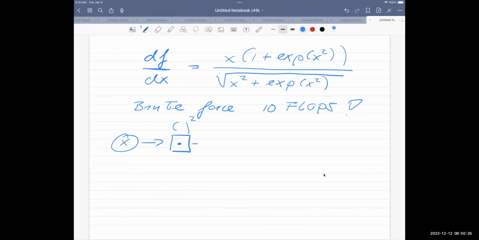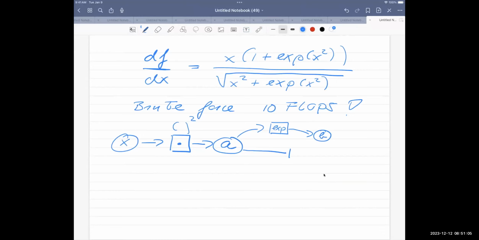This produces an intermediate variable, which I'm going to call a. This intermediate value is now used to calculate an exponential, so I'm just writing this as exp. And this produces a new variable, which I'm going to label b. Now this is added with the value a here.